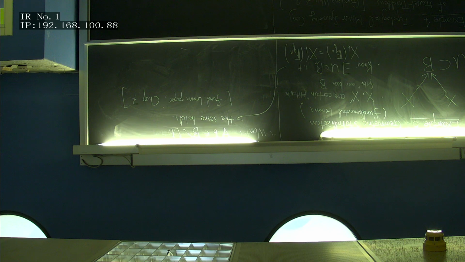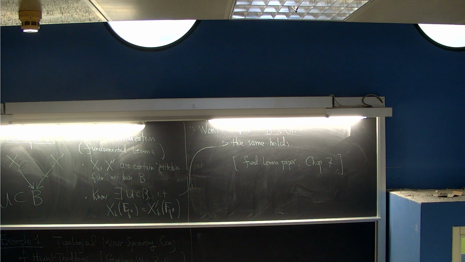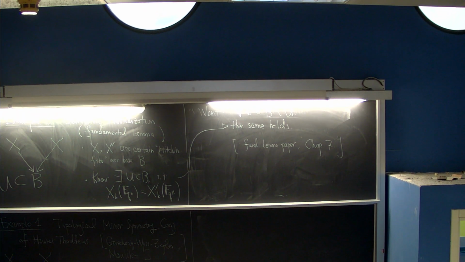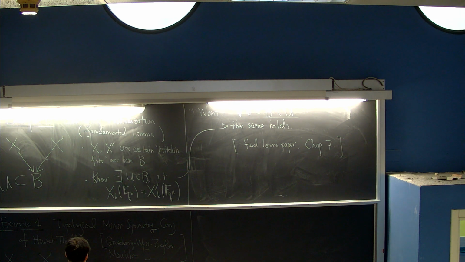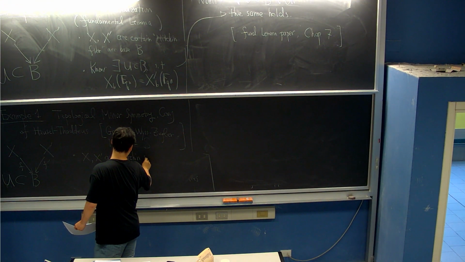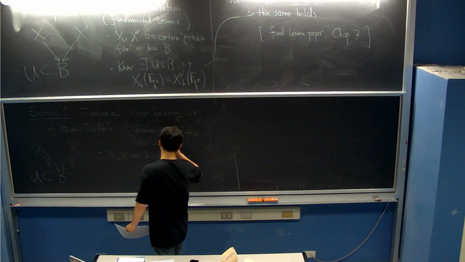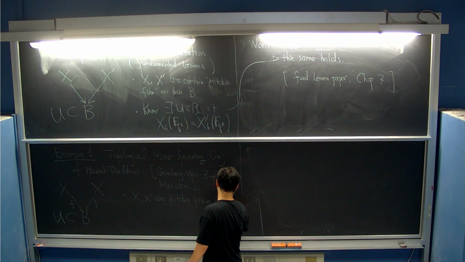So again, let me just write down the picture. So f and f prime, and you have some U. So here X and X prime are the Hitchin system.